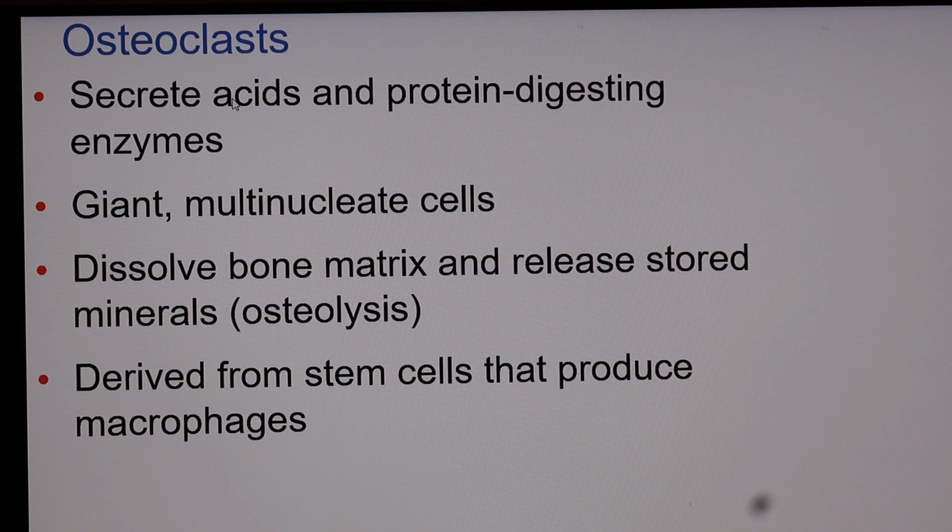It secretes acids and protein-digesting enzymes, dissolving bone matrix and releasing stored minerals. It is derived from stem cells that produce macrophages. So in simple English, these are the breaking cells. They are sort of the scissors. They break down the bone matrix and release the stored minerals.